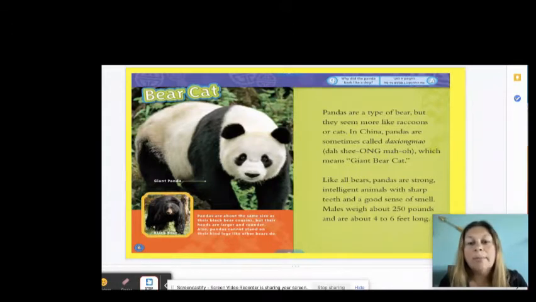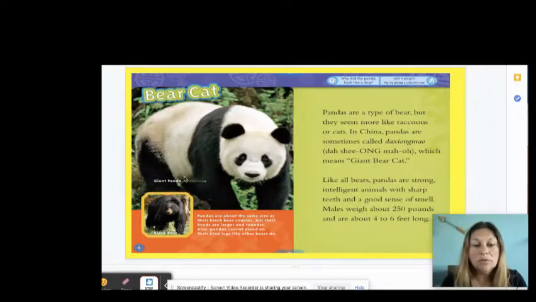In China, pandas are sometimes called Daxian Mao, which means giant bear cat. Like all bears, pandas are strong, intelligent animals with sharp teeth and a good sense of smell. Males weigh about 250 pounds and are about 4 to 6 feet long.